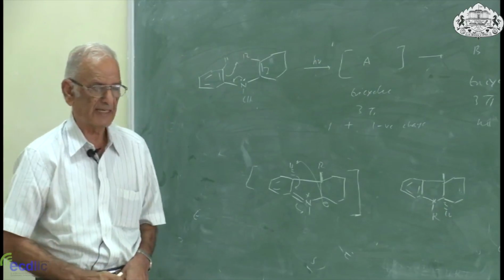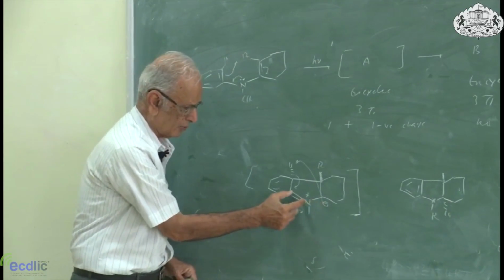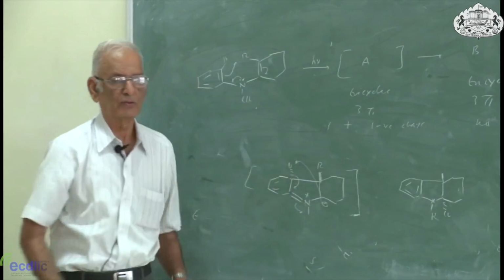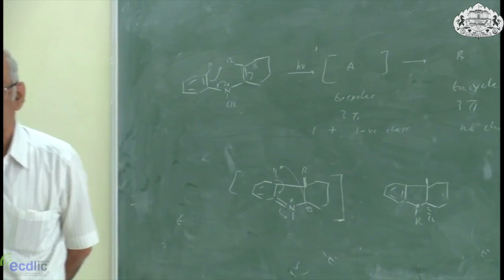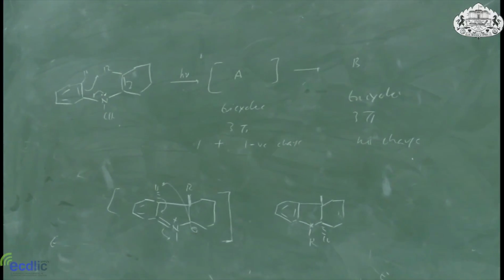How many electrons are involved in this? 2 electrons in this, 2 electrons in this, 2 electrons in this. So, it is a 6-electron sigmatropic reaction.